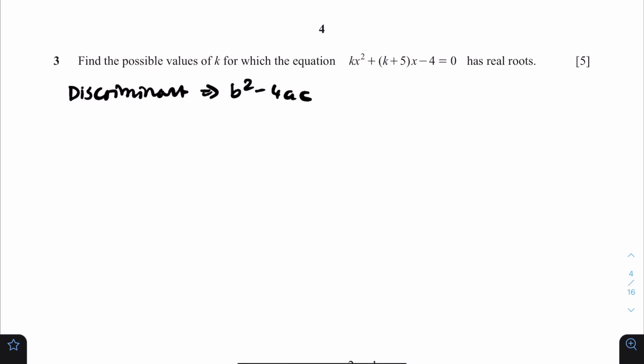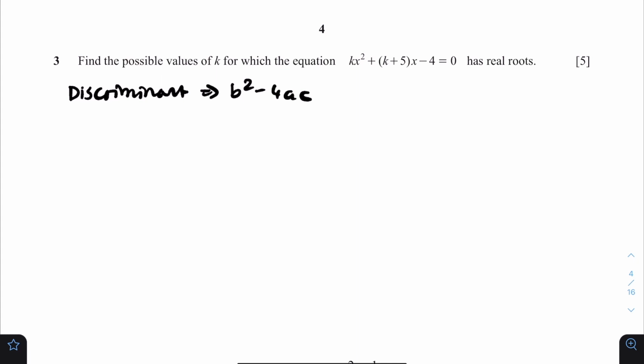And basically it says if b squared minus 4ac is greater than 0, it has 2 real roots. If b squared minus 4ac is equal to 0, then it has 1 real root. And less than 0, it means that it has no real roots. So what we're going to do is we're going to actually assume that this has to be equal to 0.